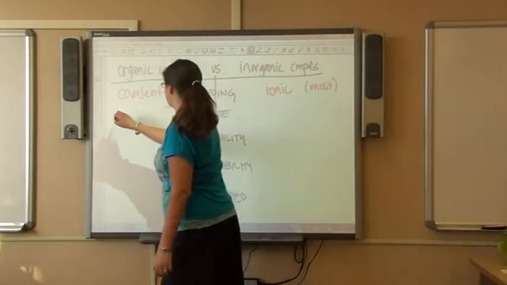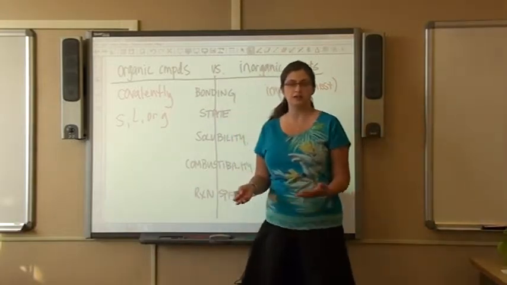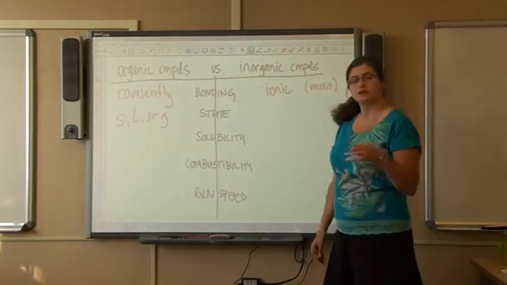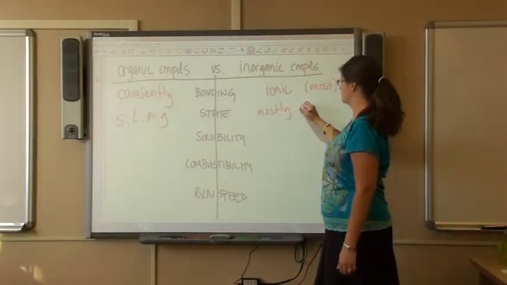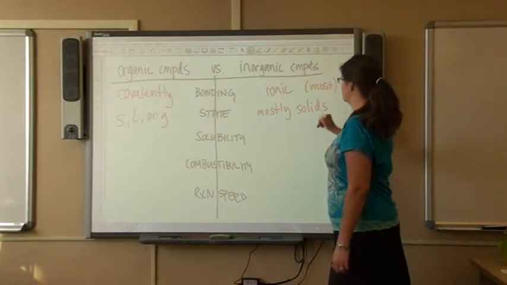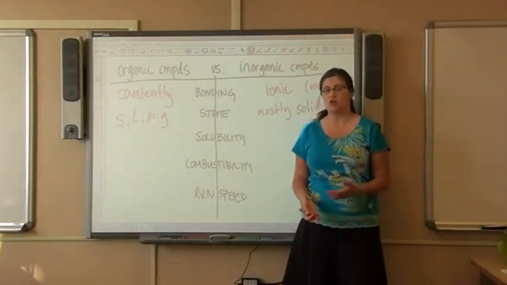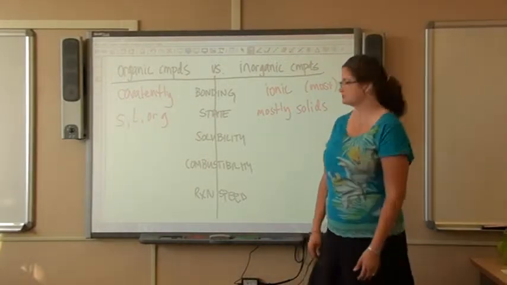So here you'll have solids, liquids, or gases, depending completely on your molecule. As opposed to inorganic compounds, which are mostly solids. Those inorganic compounds are typically ionic salts, and those all occur in the solid form at room temperature.